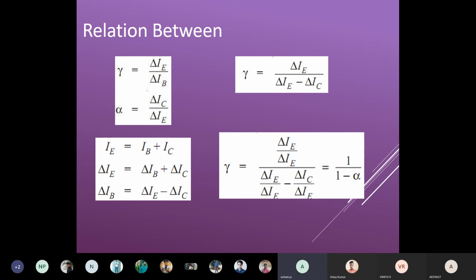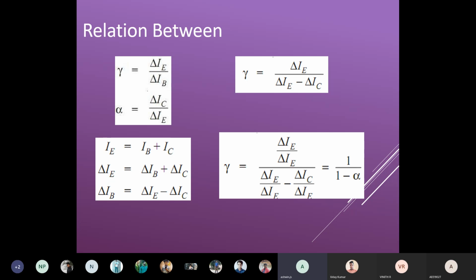Now what I'm going to do is divide the numerator as well as the denominator using del IE. The numerator already has del IE, so dividing by del IE makes it 1. It will cancel each other. In the denominator there are two terms: one is del IE, the other is minus del IC.